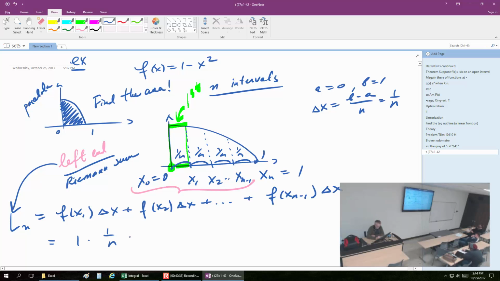Okay, plus x2. What's x2? I think I picked the right end. Okay, so we stuck with the left end. Doesn't matter. Okay, so what's the second height?